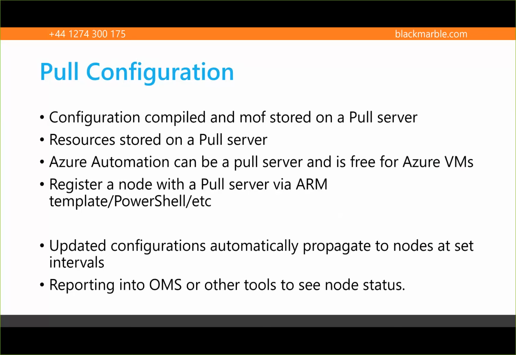Then the server will occasionally check in with the pull server and say, here's the config I've got, is there a newer version? It will compare checksums and say, oh yep, there's a new one, here you go. If not, it'll just go, right, off you go, come back when you're ready to ask again.